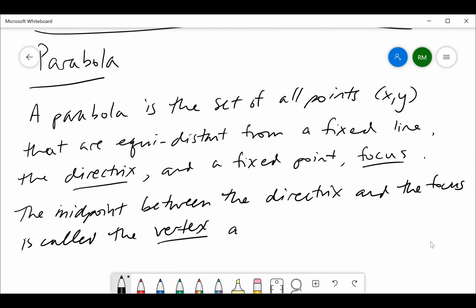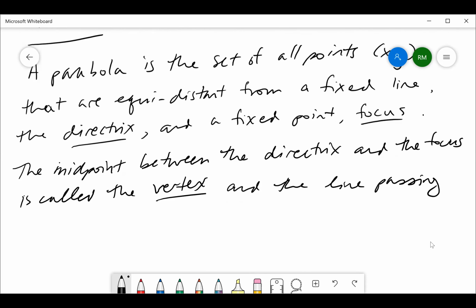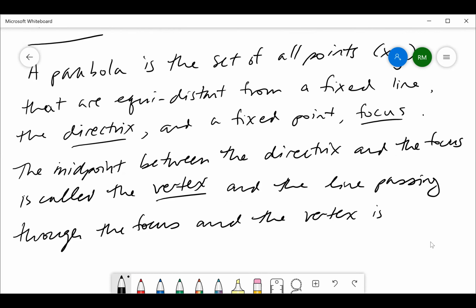And the line passing through the focus and the vertex is called the axis. Okay, and a parabola is symmetric with respect to its axis.